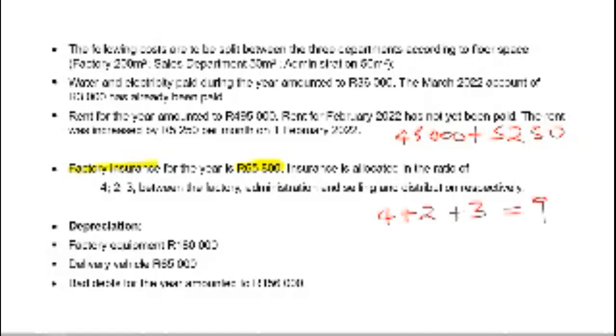But please note, this 65,000 is the 4, because they told you that 65,000 is the factory insurance. So it is the 4. We're missing the 2 and the 3. We need to get the total. Let's record it. So we know that the 65,000 will go straight to factory overheads as insurance.